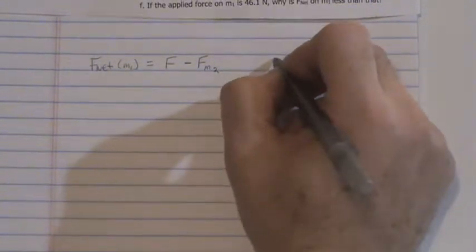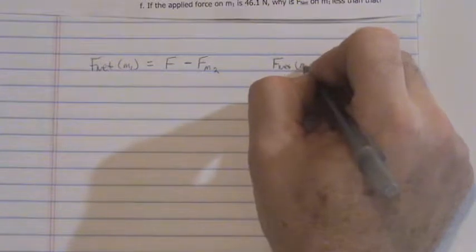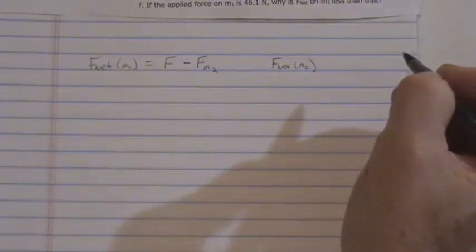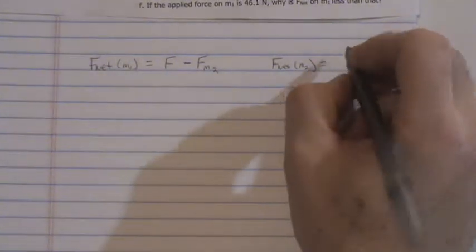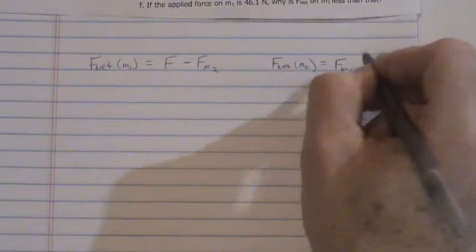If I'm looking for the net force equation on M2, the only force that we have on that is the one that we just labeled F M1, right? The force that M1 is pushing forward. So, what do we know about these things?